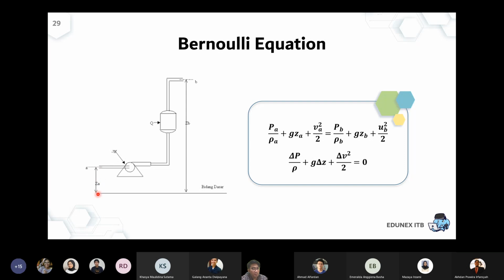ZA is the distance from the baseline. Maybe this is the baseline, and at the baseline Z equals 0. So this is ZA, and this is ZB.